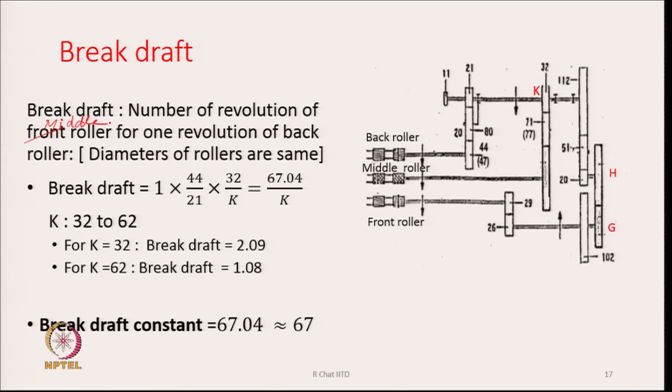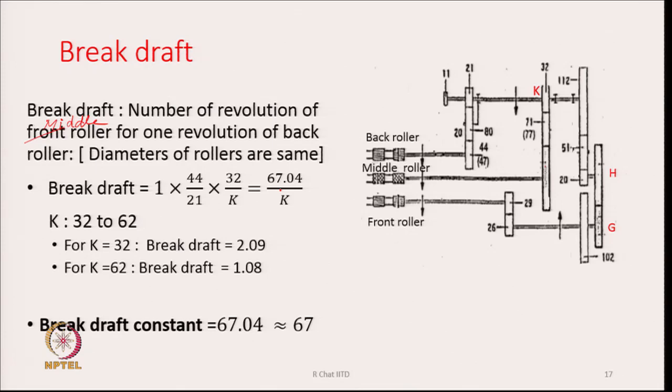And if we assume diameters are the same, then break draft is going to be back roller revolution 1 into 44 by 21, and then it will come over here, that is 32 by 71 is a common roller, and here we have another gear. Let us say this is K, then it becomes 67.04 by K. So, that will be your break draft.